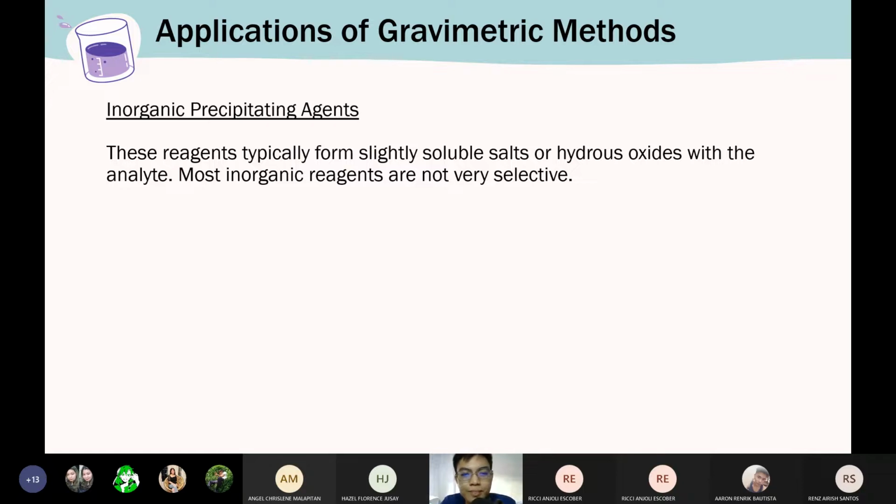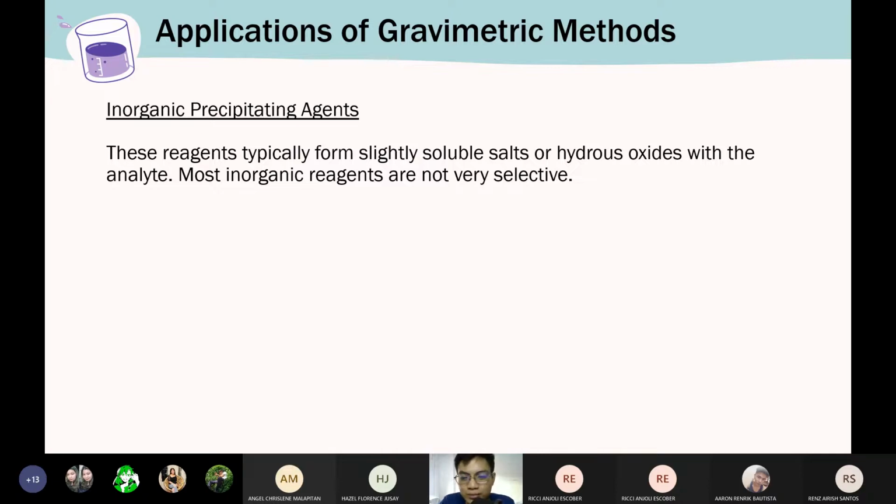Okay, and inorganic compounds are usually not very selective, as you can see in the solubility rules, no? So kunwari, let's say silver, it can precipitate not only the chloride ions, it can also precipitate bromide, iodide. So ibig sabihin, if you have a mixture, then it's kind of not good.